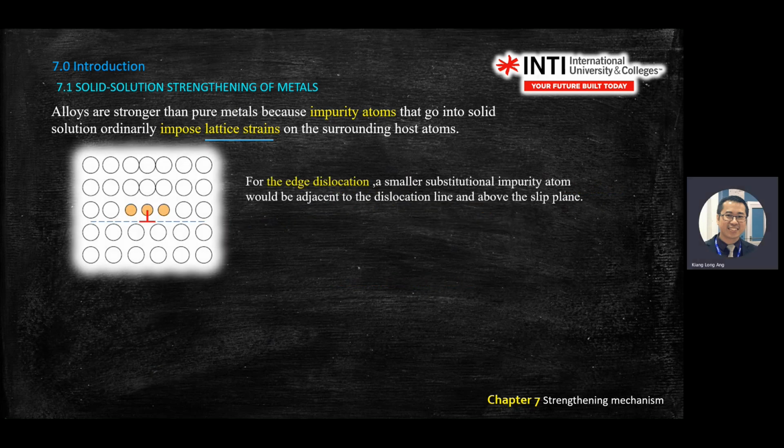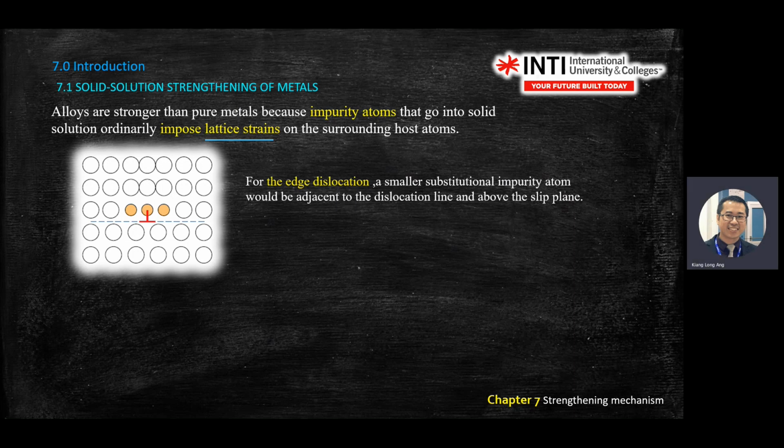Now recall there is an inverted T symbol that you learned in the previous chapter when you learned about defects. It means something is missing from this point onwards. This symbol is also called an edge dislocation.